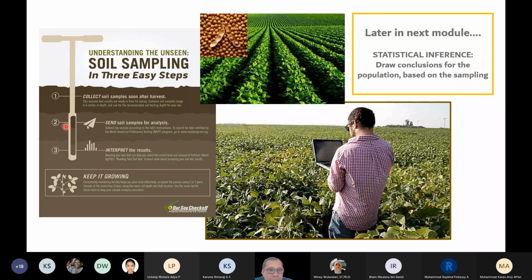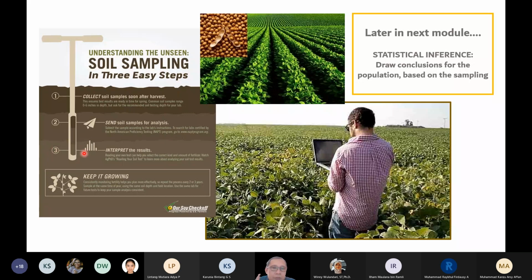Apalagi sampling dari soil tersebut, dari tanah tersebut, dicari dengan alat seperti ini ya. So of course, the quantity of the soil that you obtain from each sampling will be very, very tiny compared to the entire land, right? But you have to make a decision about how much to fertilize for the entire land, for the entire farm, based on very, very limited samples.